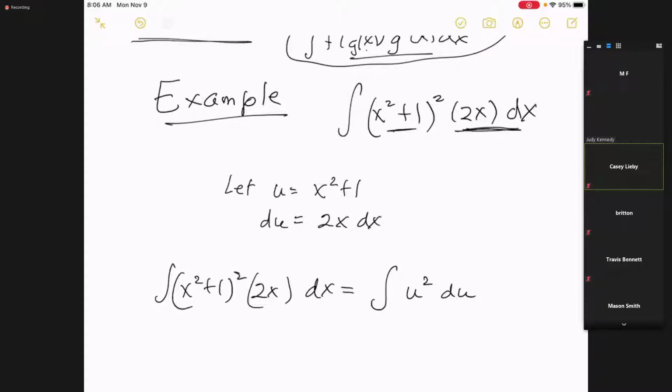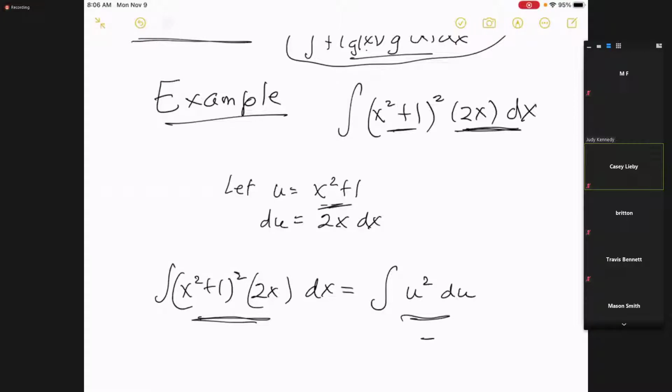What's happened here is you've absorbed that inside function. When you go from here to here, this one looks a lot easier to do, because it is. But you haven't thrown away g of x, or u. It's still all there.